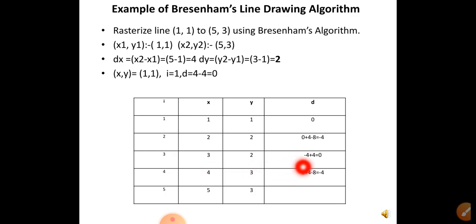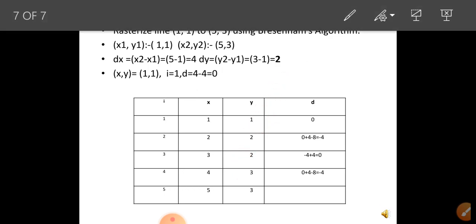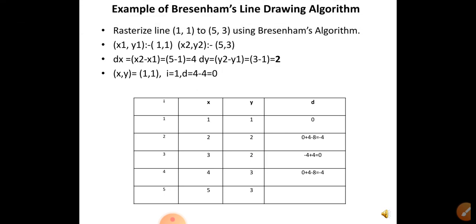So now the decision parameter is greater than 0. The next decision parameter will be calculated as d plus 2 dy minus 2 dx. D is 0, plus 2 dy which is 4, minus 2 dx which is 8, so 0 plus 4 minus 8 is minus 4. The decision parameter is less than 0, no need to increment y, so the y value remains as it is, 3.